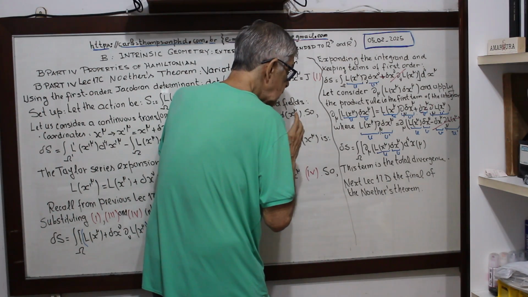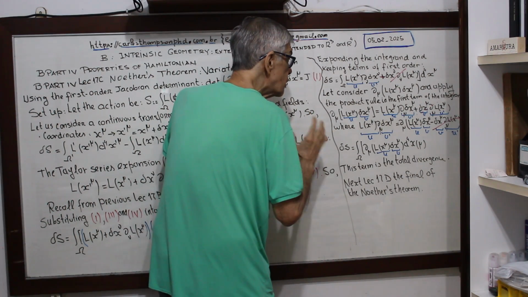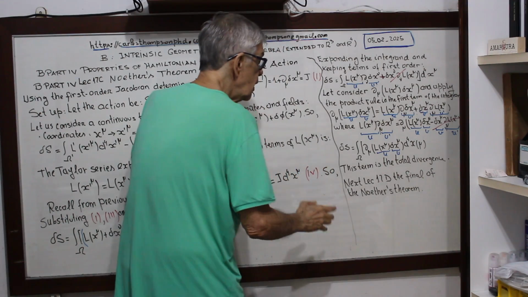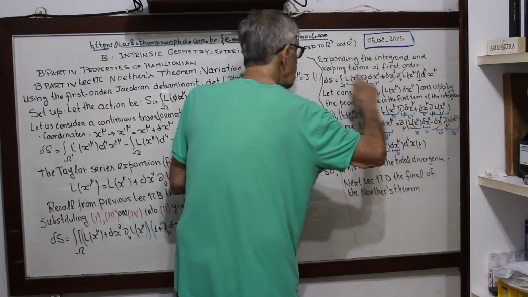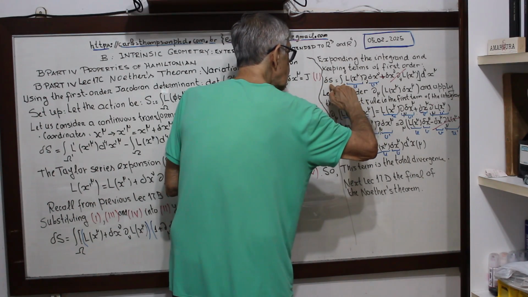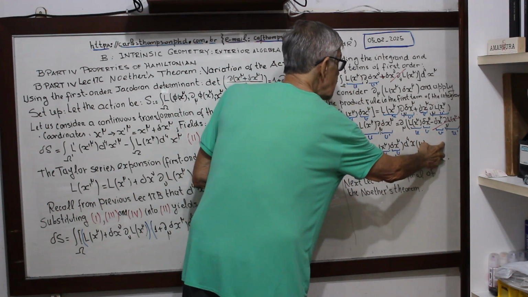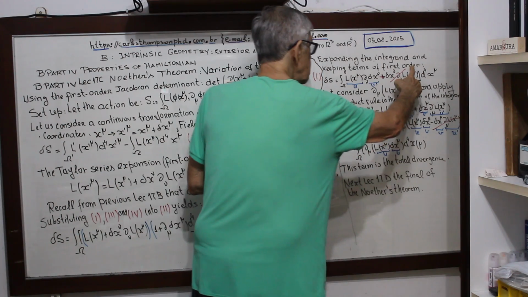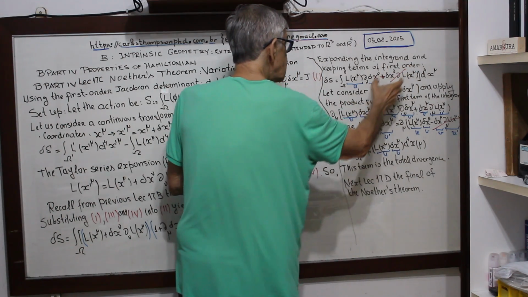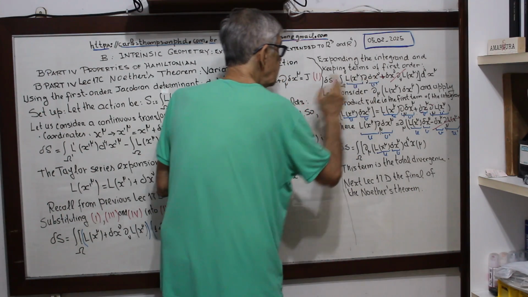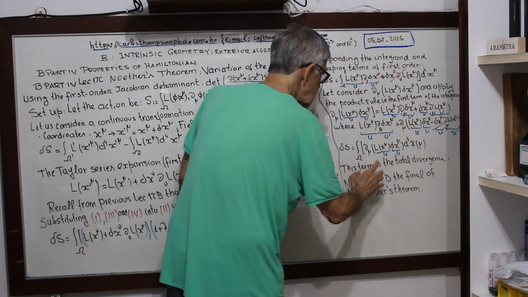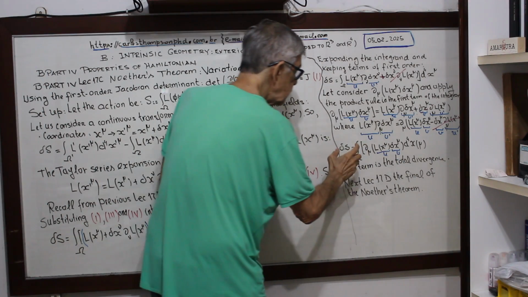Now, that's a very important simplification. When you substitute into delta S, this term here will cancel with this term here, so this results only in the total derivative term of uv.